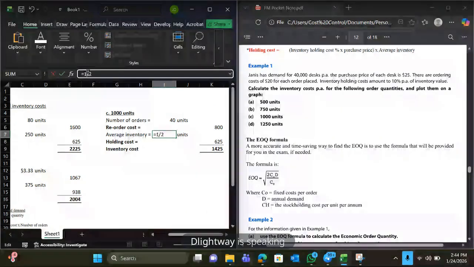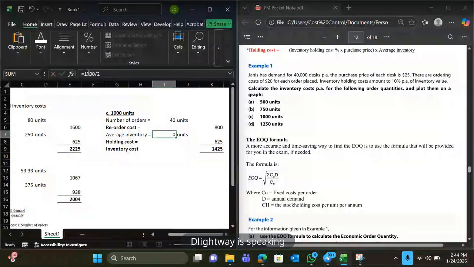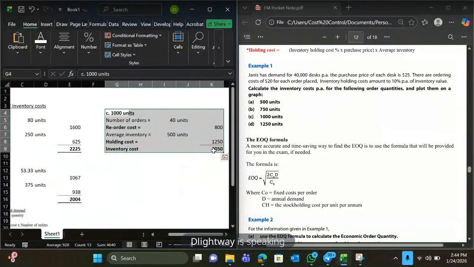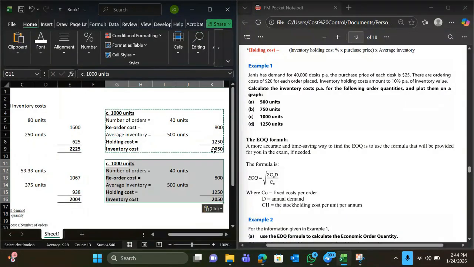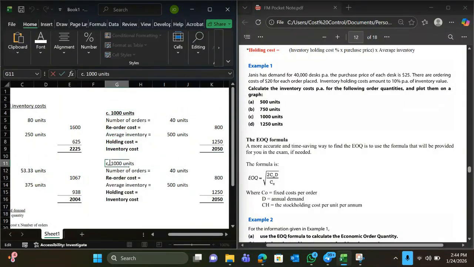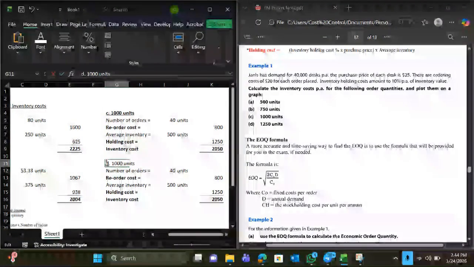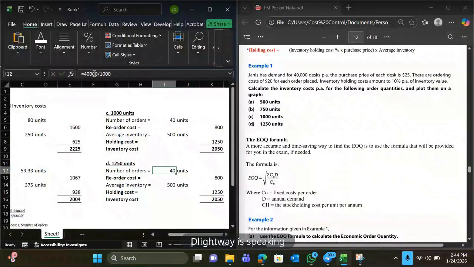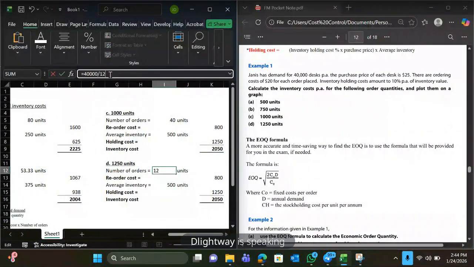For the average inventory, it's going to be 1,000 divided by 2. For our holding costs, yes, this is correct. So for the last order, it's going to be 40,000 divided by 1,250.